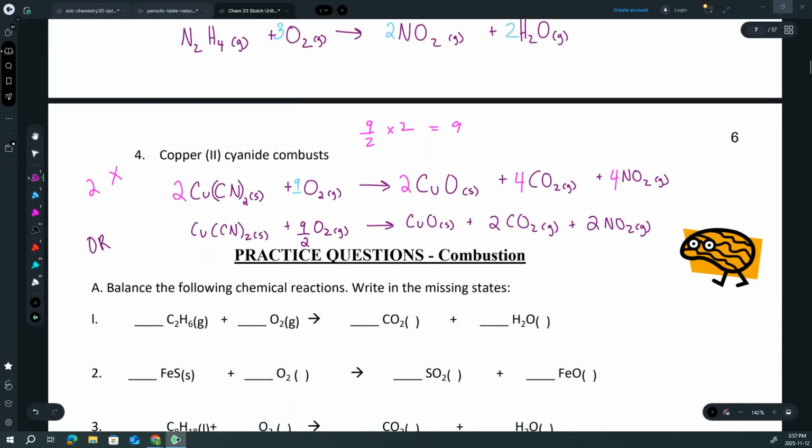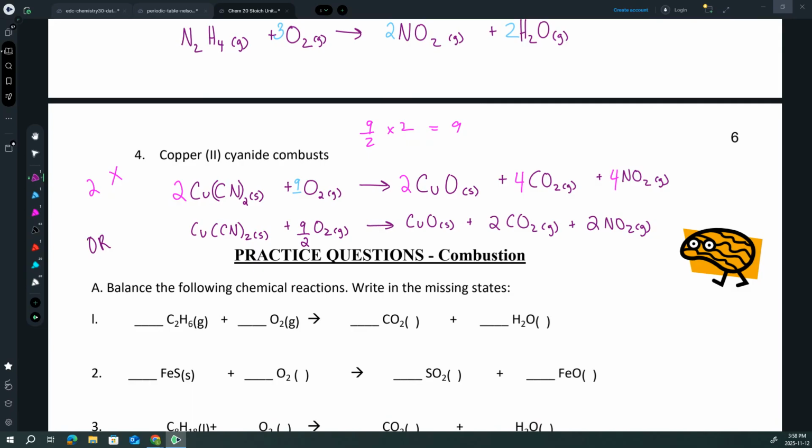Okay, so both answers are correct. It's more so just a preference of, are you okay with fractions for your coefficients? But you do need to remember that combustion reactions are the only type of reaction you're allowed to have a fraction for. Or if you would rather have whole numbers for all of your coefficients, you need to remember to multiply every single reactant and product by 2.